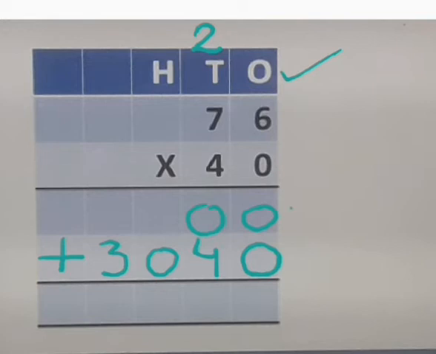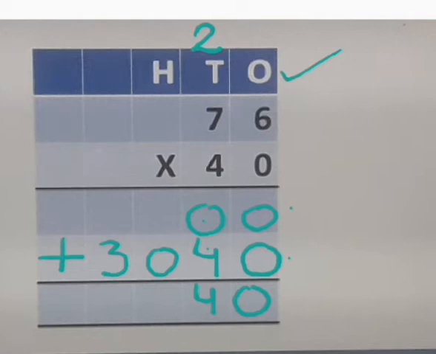So 0 plus 0 is 0. Now 0 plus 4. Children, when we add any number to 0, we get the number itself as the answer. So 4 will come here. Now in the hundreds column, 0 is alone.